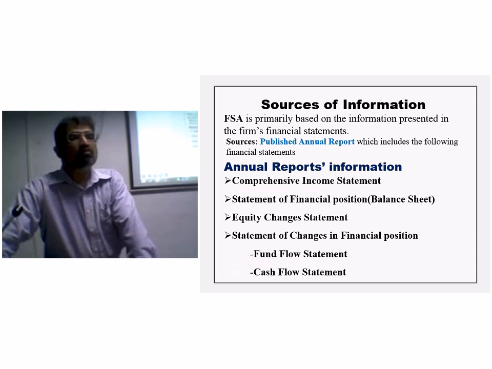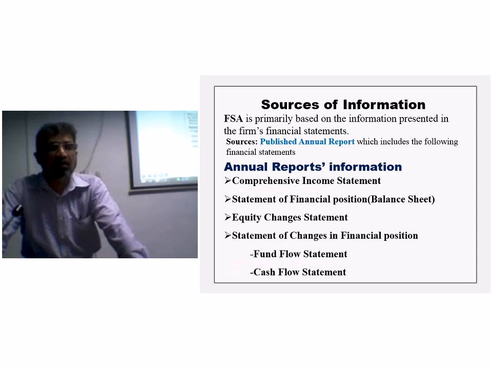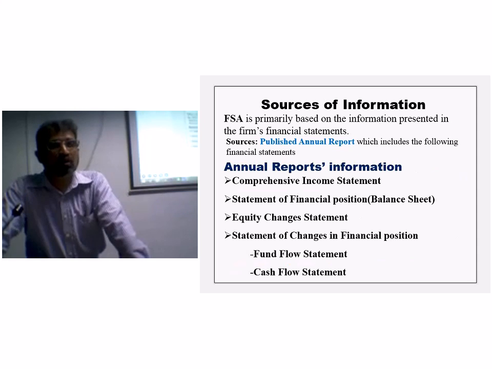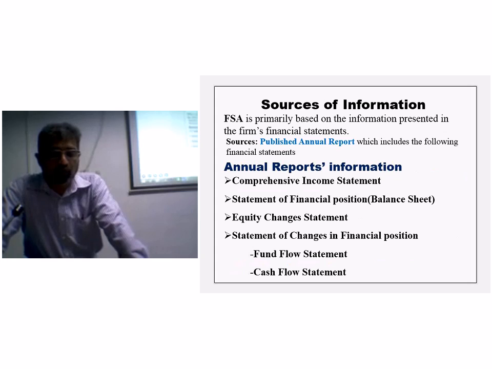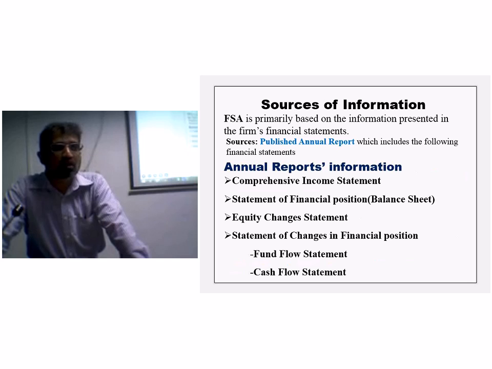In addition to the financial statements, you can see the director's report, then special announcements, notes to the accounts, auditor reports, CSR report, sustainability reporting, good governance reporting. Then there are a number of reports included in the annual reports.